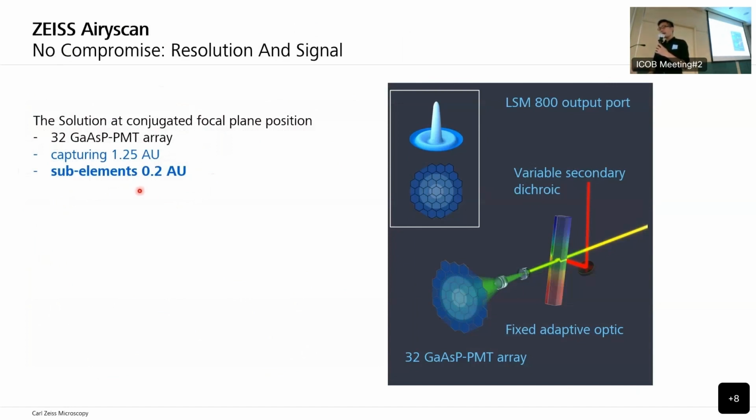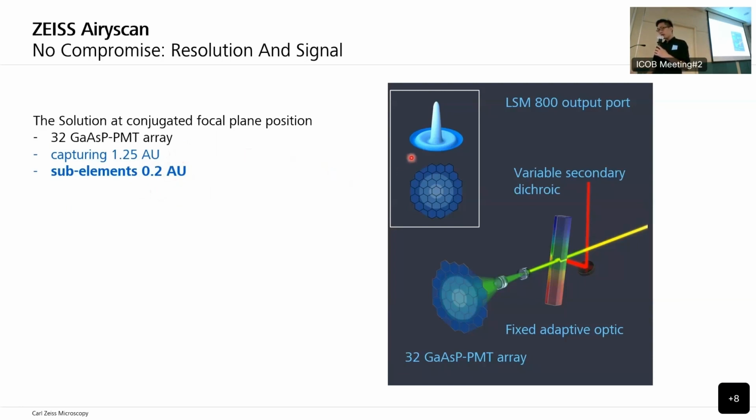And by using the array detector, we can have a resolution at such a small 0.2 Airy units, but the capacity for collecting signal is at 1.25 Airy units. So we have higher resolution, but we also have much brighter signals.